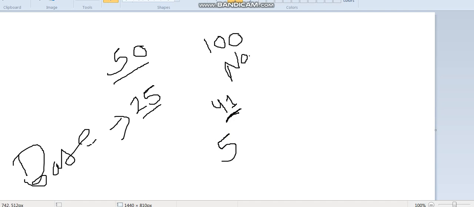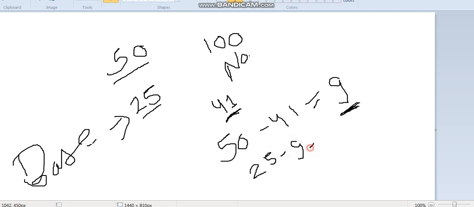So 50 minus 41 is 9. This 9 you have to subtract from the base number, which is 25, because this number is nearby 50. So 25 minus 9, what do you get? 16.